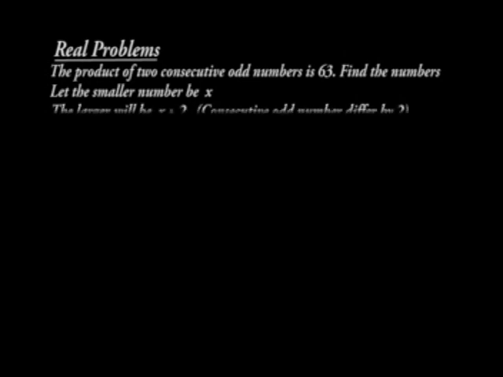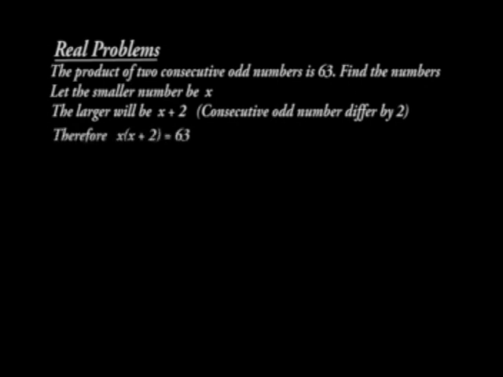Let's take a real problem. The product of two consecutive odd numbers is 63. Find the numbers. In our solution, let the smaller number be x. The larger number will be x plus 2, since two consecutive odd numbers differ by 2.